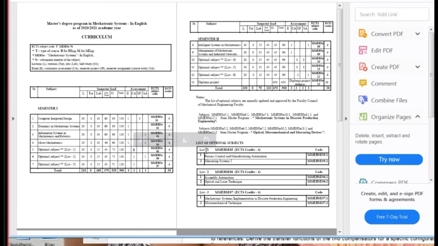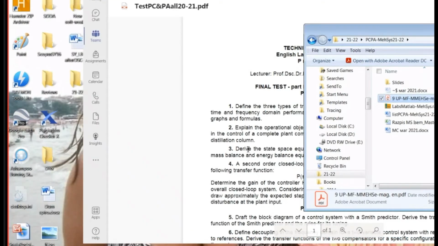So I see this continuous assessment here. List 1 is process control manufacturing automation, our subject. So during this test, I will give you different questions. You are 6, and I'll make some combination of questions, one from each part.